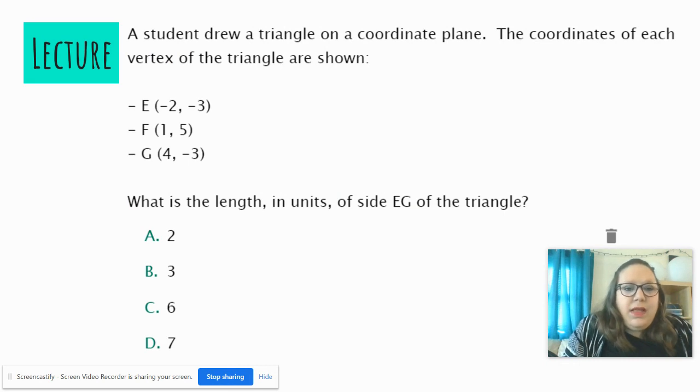Moving on. We can also plot shapes on the coordinate plane. Say a student drew a triangle on a coordinate plane and the points of the vertices are shown.